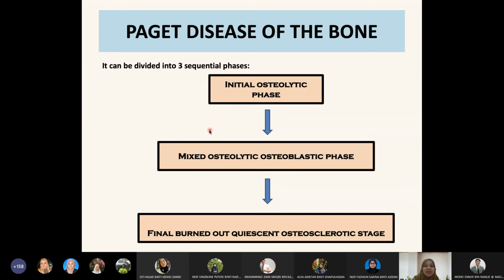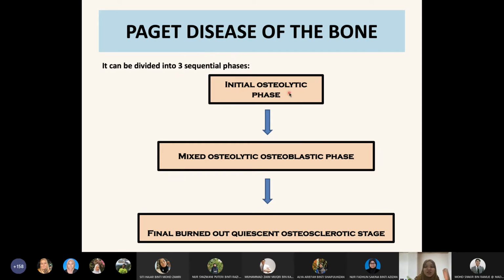Okay. So what are the special things about Paget? Osteoporosis is reduced bone density, rickets and osteomalacia are unmineralized bone, Paget is a remodeling derangement. So what's special about Paget? They have 3 sequential phases.